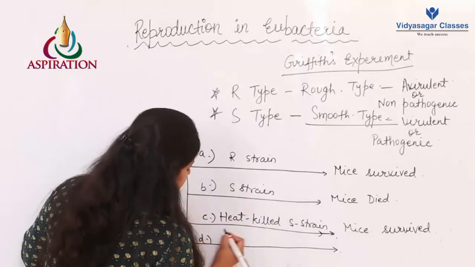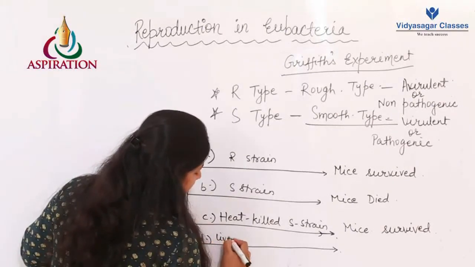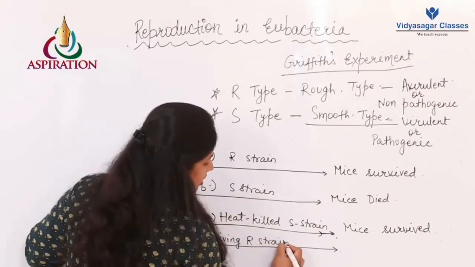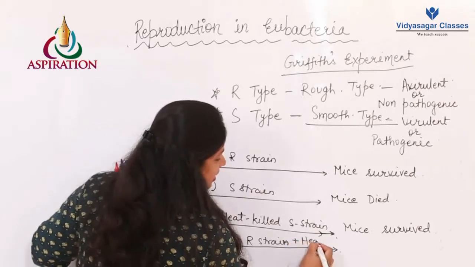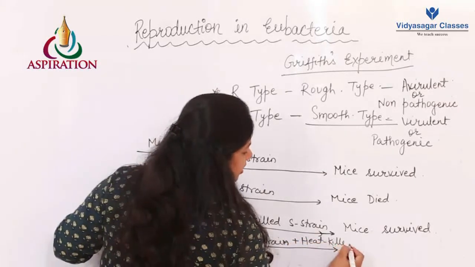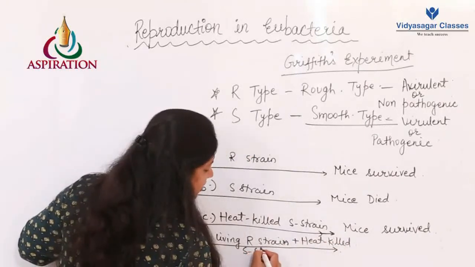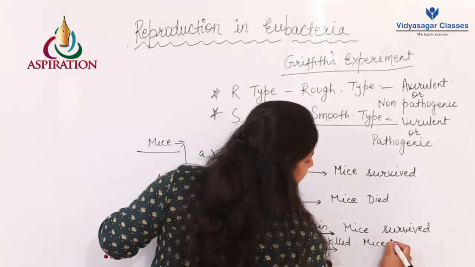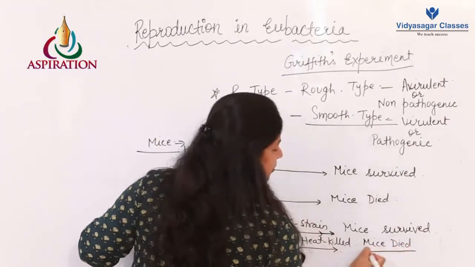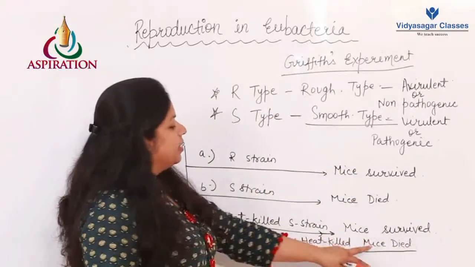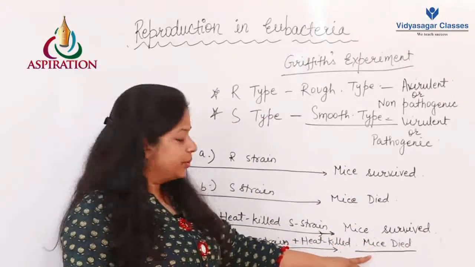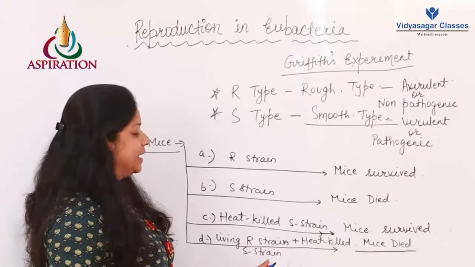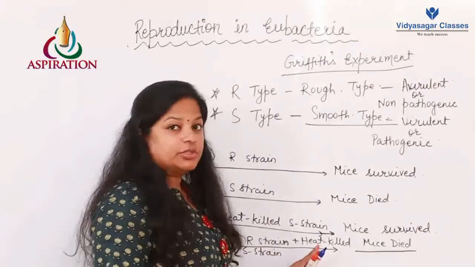So he introduced living R strain plus heat killed S strain, and the mice died. When he examined the fluid inside the mice, he found some living S strain which he did not introduce inside the mice.